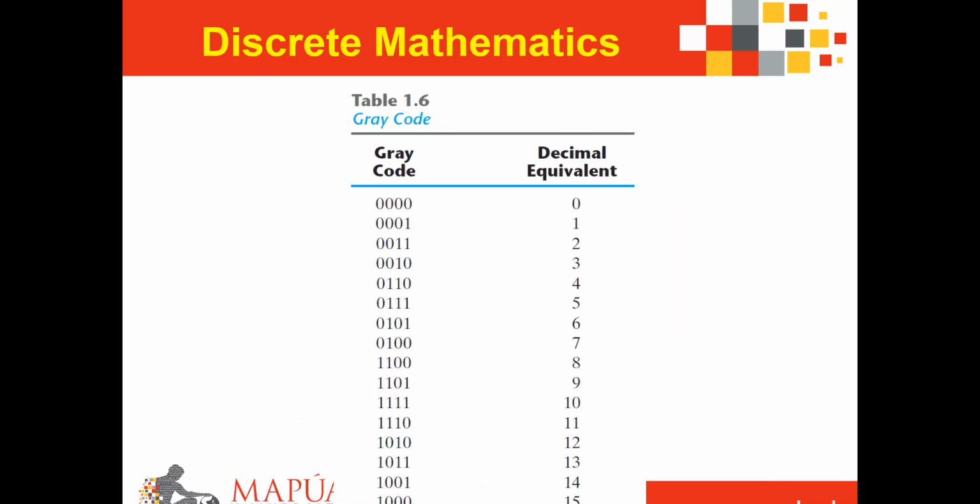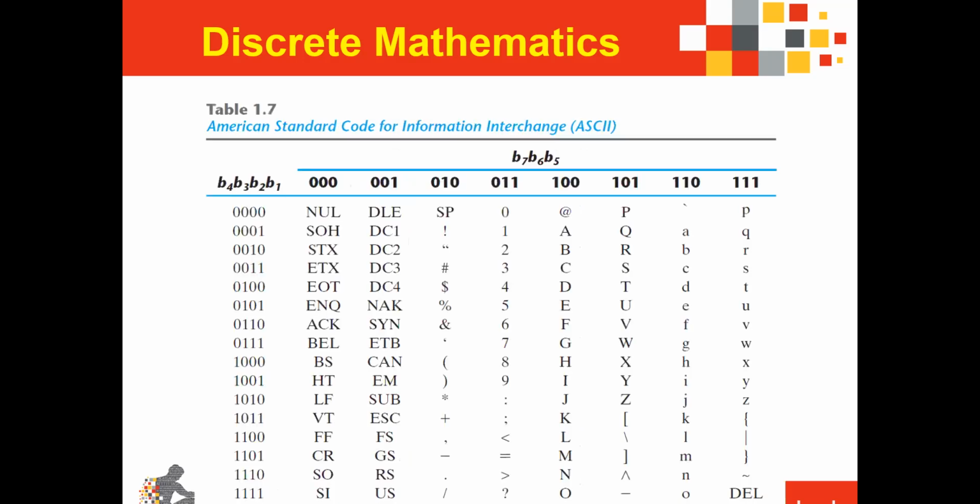You also have the gray code. The gray code is often used to represent sequences whereby binary numbers change by only 1 bit. You could also represent letters or any of the operations in your computer using binary numbers based on the American Standard Code for Information Interchange.